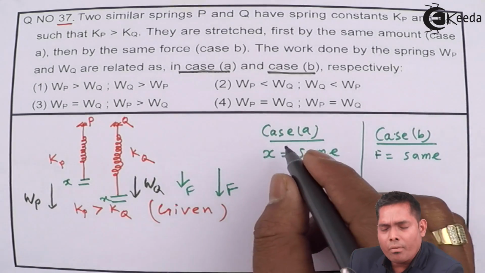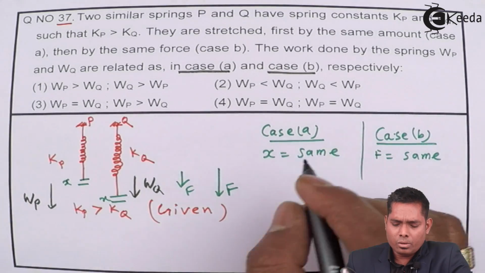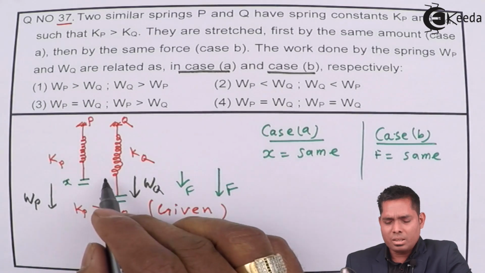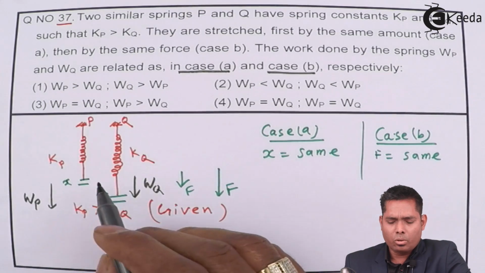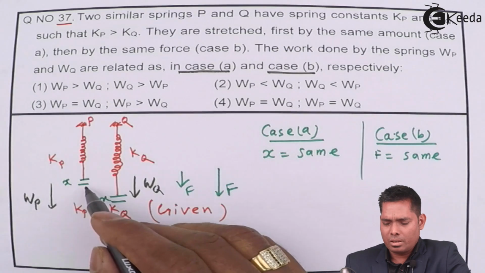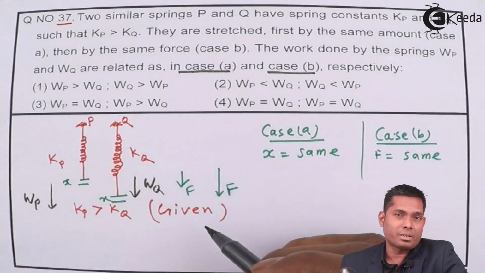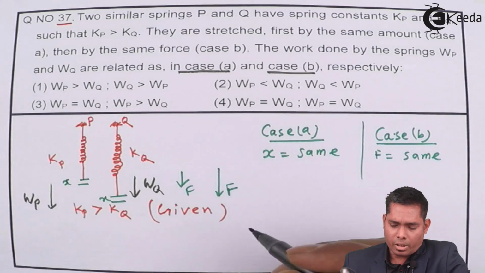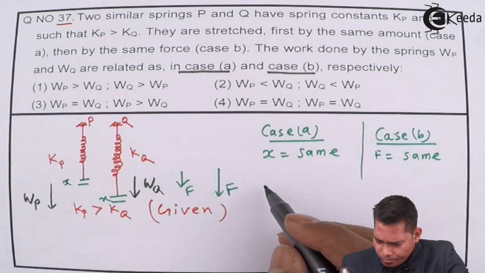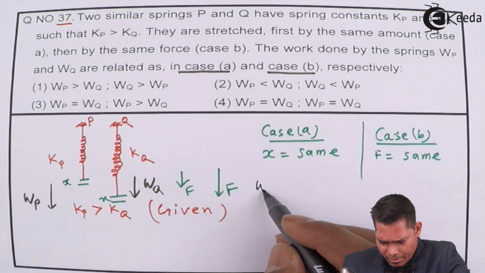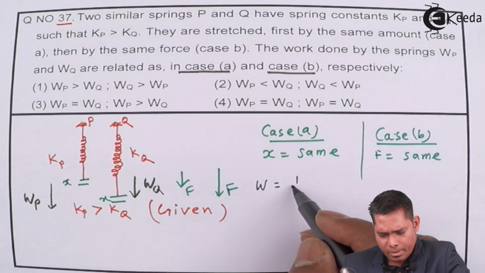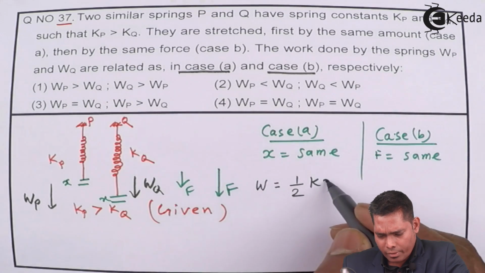If I think of case A, when both springs are stressed by the same amount, so the deformation in these two springs is the same, then we know that work done is given by half k x squared.